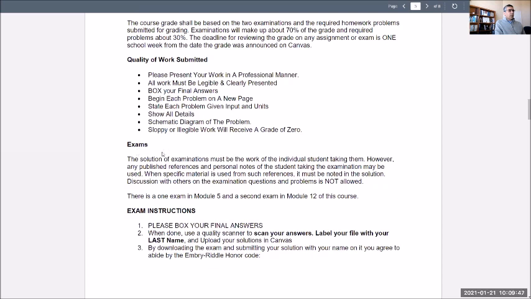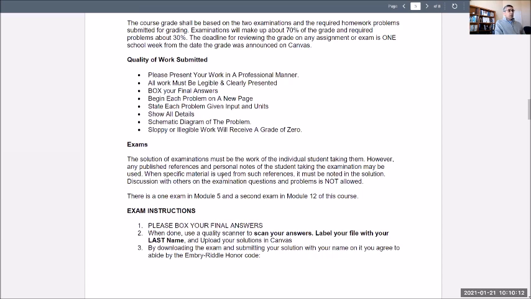As far as the exams, the solution of the exam must be the work of each individual student taking the exam. You may use a textbook or references as is going to be instructed for each exam. Some of the exams are going to be open book, and I'm going to let you know when.